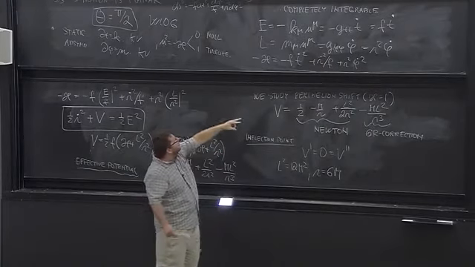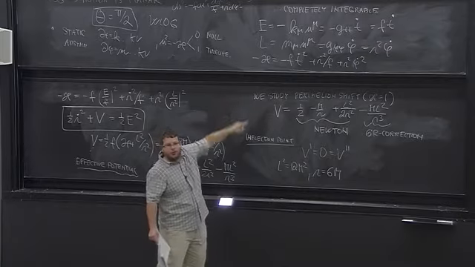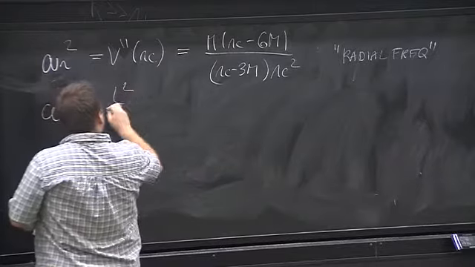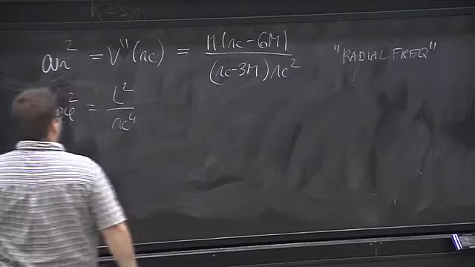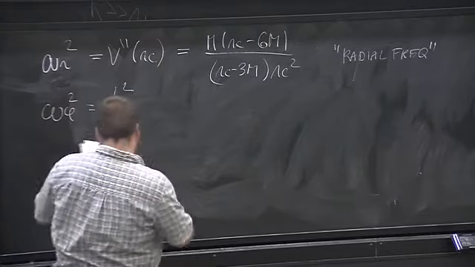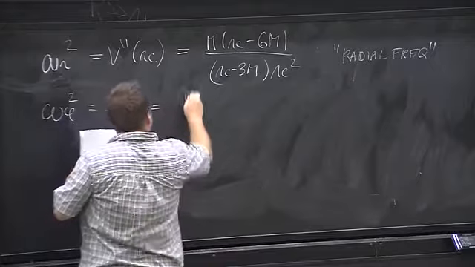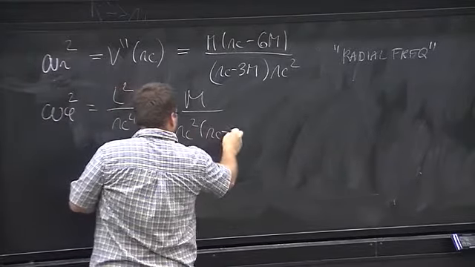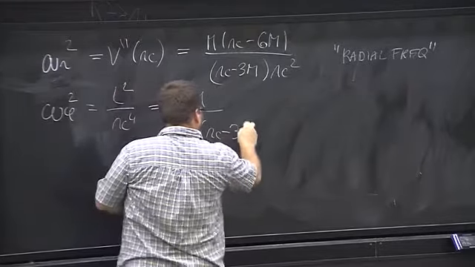From that equation, phi dot squared is L squared over R to the 4, so this is L squared over RC to the 4. Again, I plug in for L squared, and this is M over RC squared, RC minus 3M.